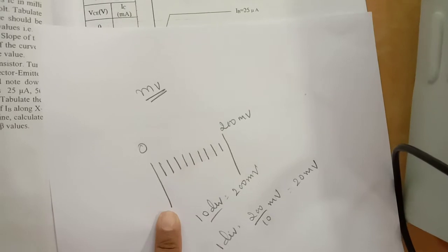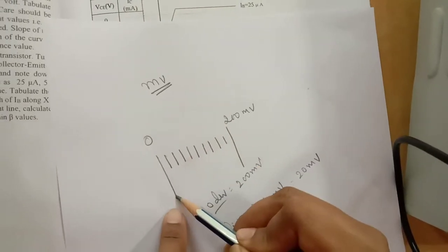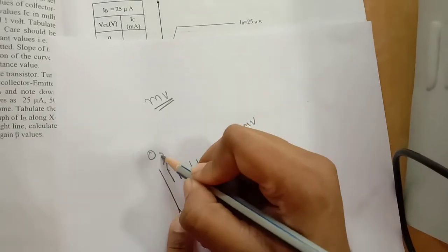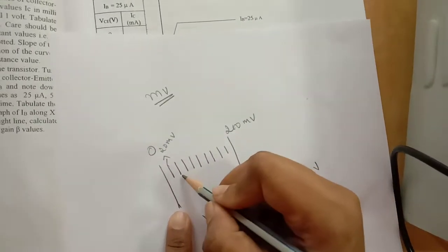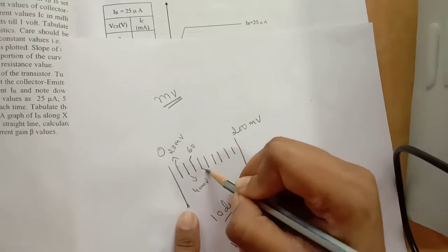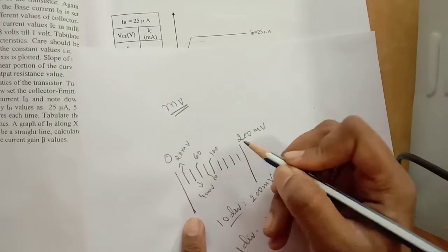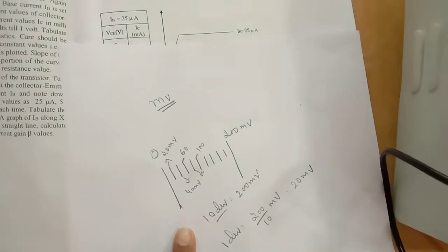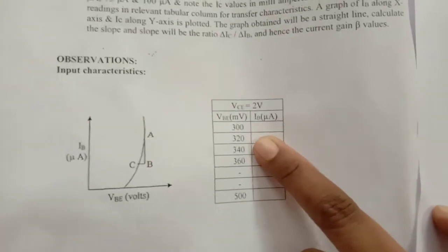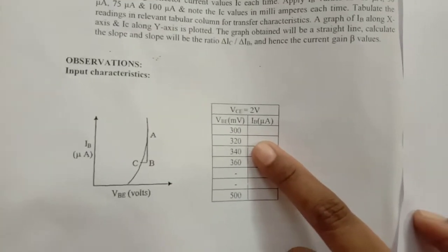So how do I read my value in the millivoltmeter? First of all I start with 0 volts. The first division I call 20 millivolts, the next division 40 millivolts, then comes 60, then 80, then 100. It continues. Now as per our tabular column, we have to keep the voltage at 300 to start with.